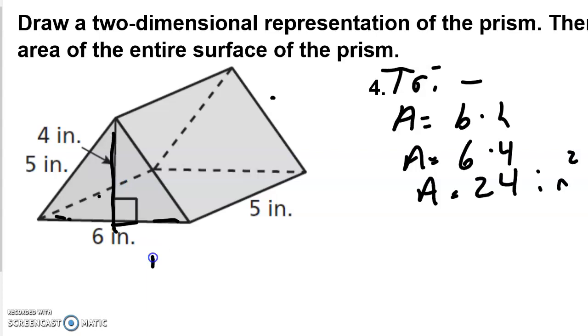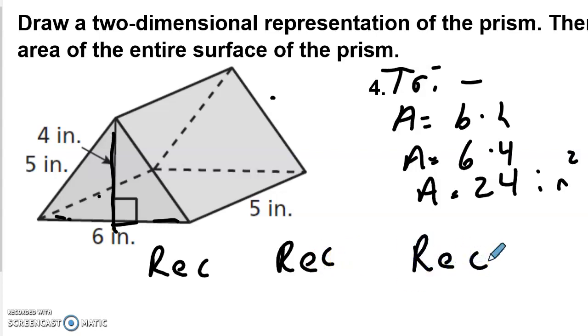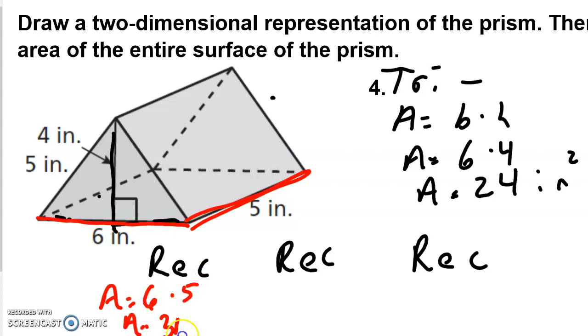Now I'm going to do rectangle, rectangle, rectangle. Okay, first one, I'm just going to do the bottom. So that's here by here. And that means that my first one is going to be 6 by 5. So it's 30 inches squared.